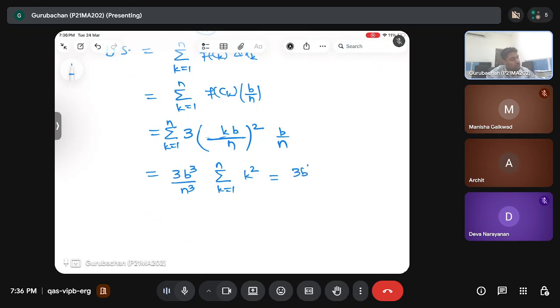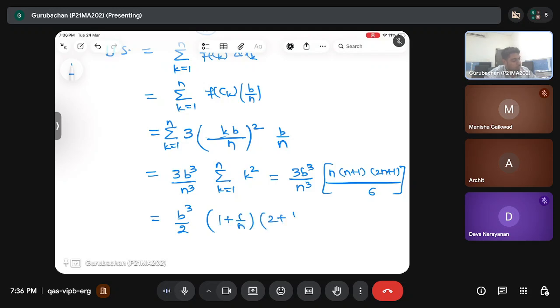Sum of n natural number squares? n into n plus 1 into 2n plus 1 divided by 6. So from here, if you solve it, this will be b cube divided by 2 into 1 plus 1 by n into 2 plus 1 by n. Is it correct?